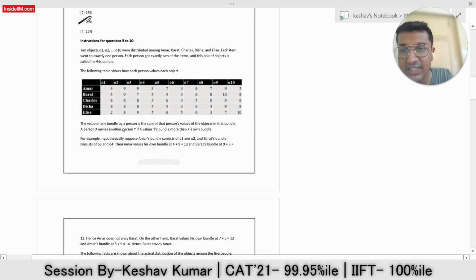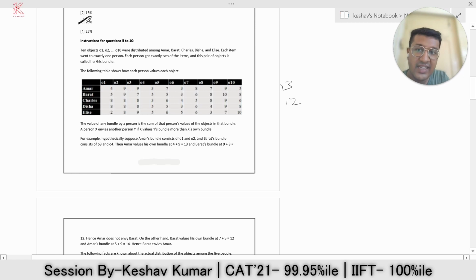A person X envies another person Y if X values Y's bundle more than X's own bundle. So say Amar has a bundle of O1 and O2, which is 4 plus 9, 13, is his value, and Bharat has another bundle of O3 and O4 that gives him 12 as his bundle value.